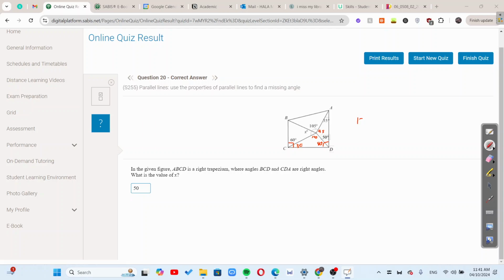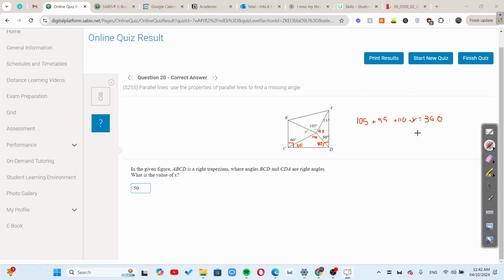So 105 plus 95 plus 110 plus x, because we need x, equals 360.